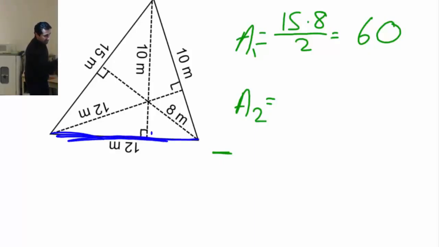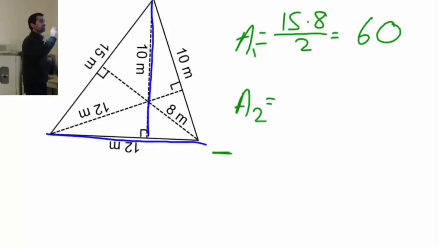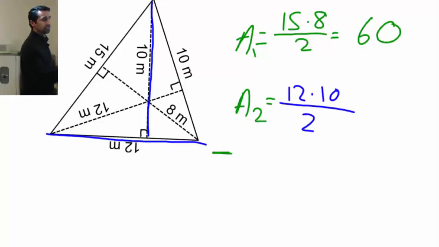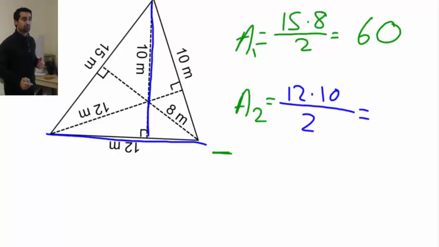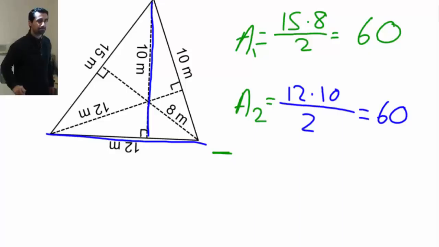Take a close look at that: the 90 degree is here and comes from the top, so that's definitely the height. So this is the base, that is the height. What numbers are those? 12 times 10 divided by 2, which, use your calculator, you'll see is 60.